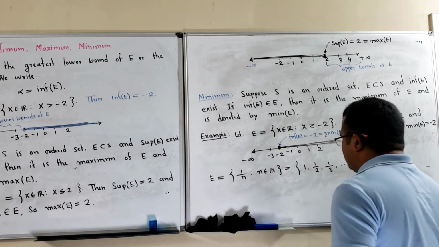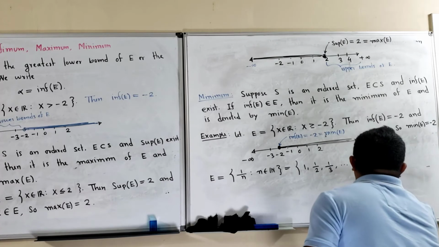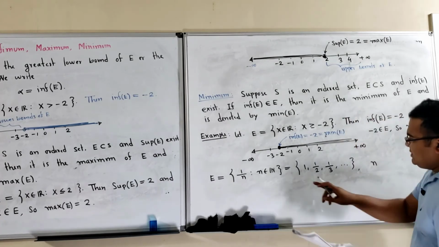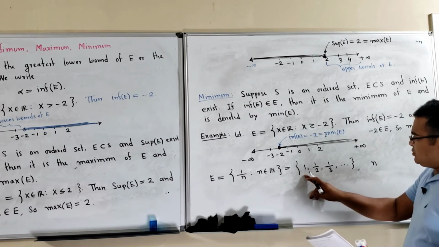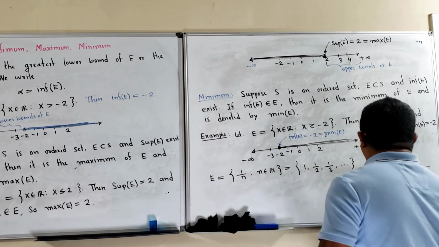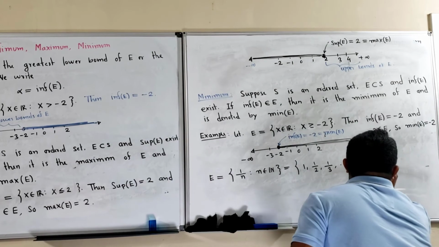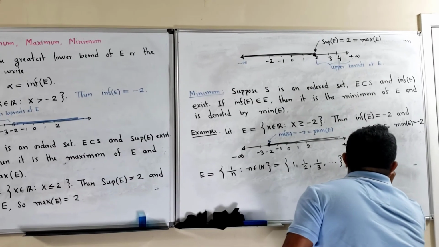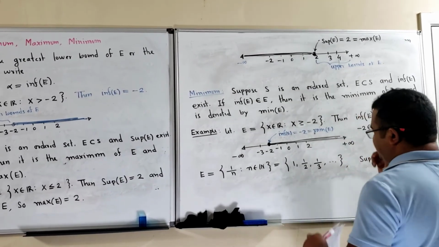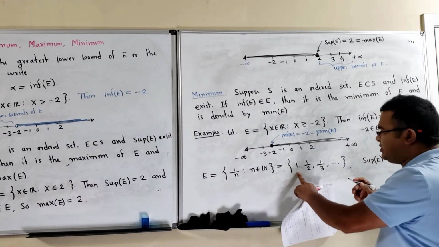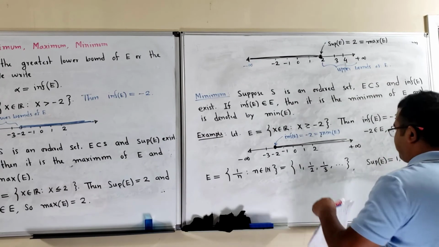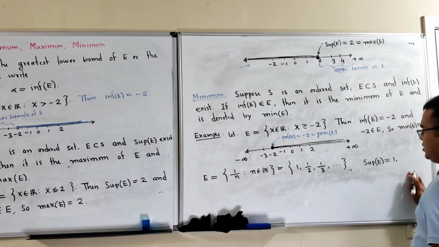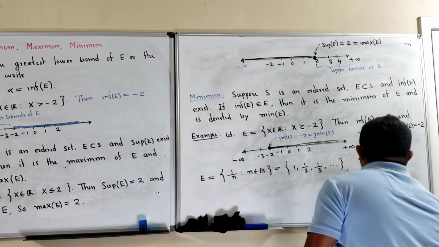This is decreasing, right? What is the supremum of this set? The supremum is 1, because 1 is the largest value of this set. And what is the maximum?